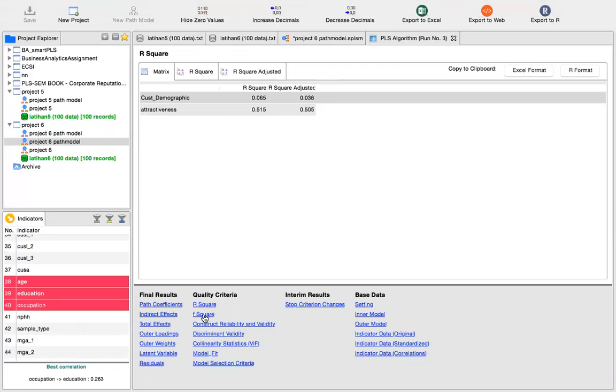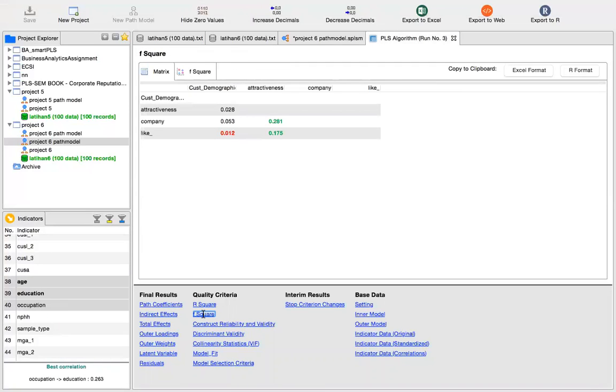Next, F square. For the F square, if it is below 0.02, it means that there is no effect. If it is equal to 0.02, it has a small effect, 0.15 a medium effect, and 0.35 a large effect.